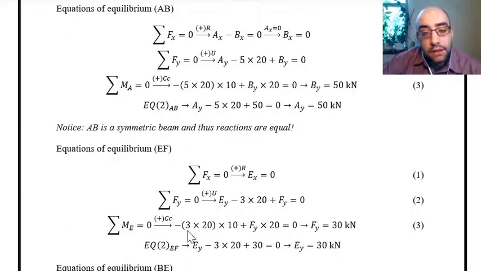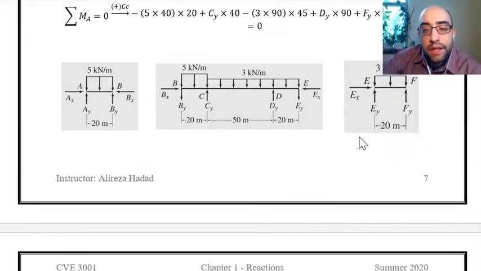That is calculated over here, right? The only unknown in this equation is Fy, and if I calculate that, the value is 30 kilonewton. Now, if I return this value into equation 2 that we had already, I can find Ey as 30 kilonewton, and these are the two reactions in segment EF.